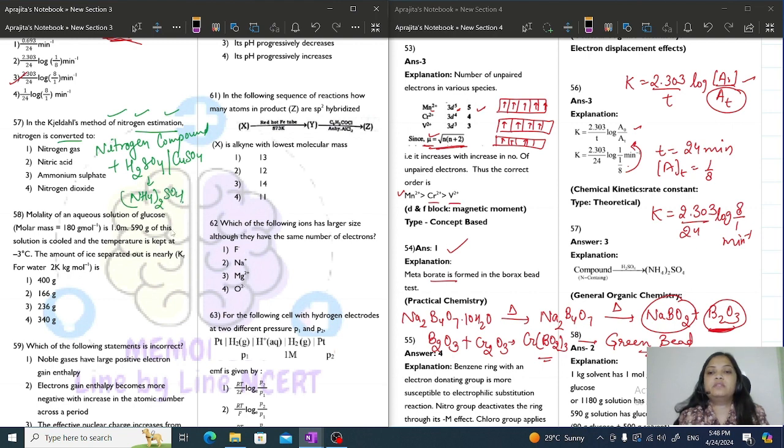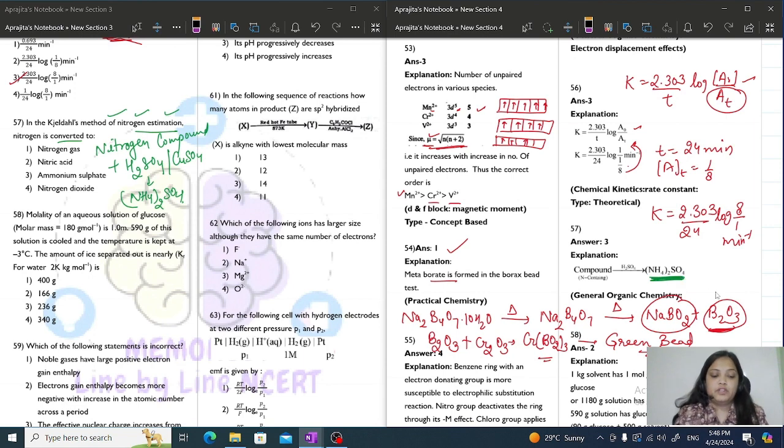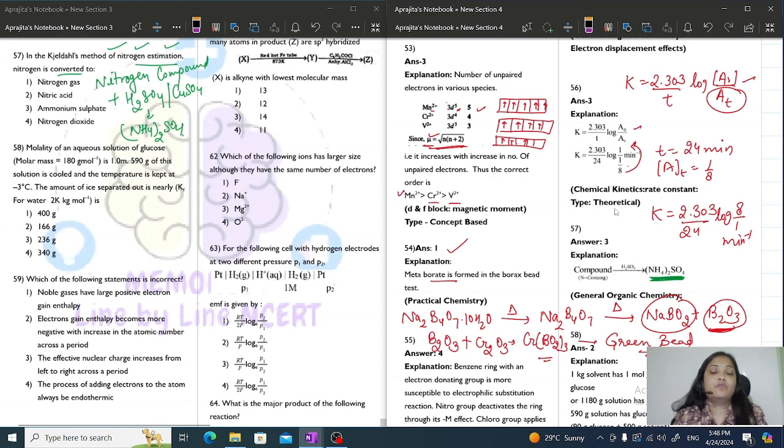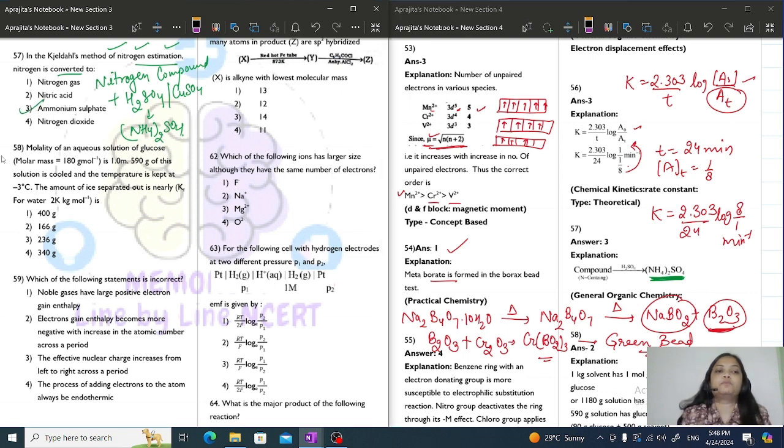So ammonium sulfate is formed in this case, which is then further decomposed with alkali to form ammonia gas, and by the estimation of ammonia gas we can find the amount of nitrogen present in the compound. So yes, the answer is going to be option number 3, ammonium sulfate is formed.